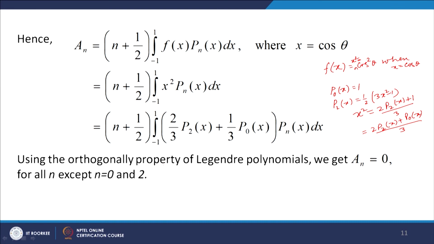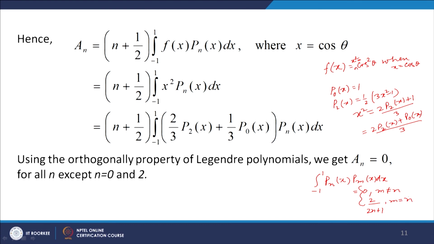Now, let us recall the orthogonality property of the Legendre polynomials. The orthogonality property is that the integral from -1 to 1 of P_n(x) P_m(x) dx is equal to 0 whenever m is not equal to n, and this is 2 over (2n + 1) when m is equal to n.